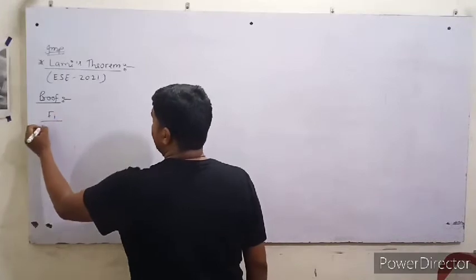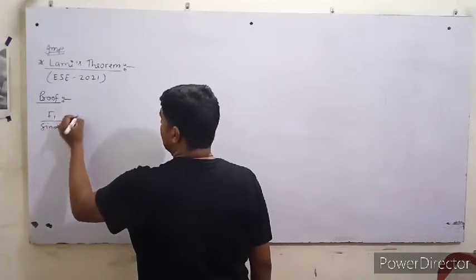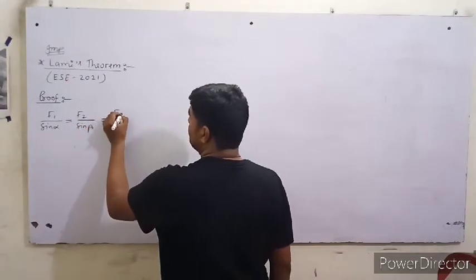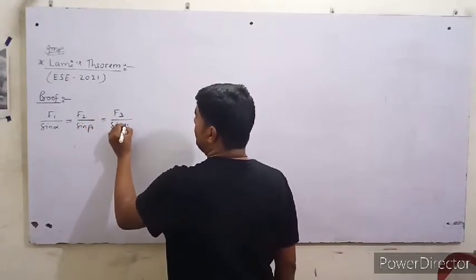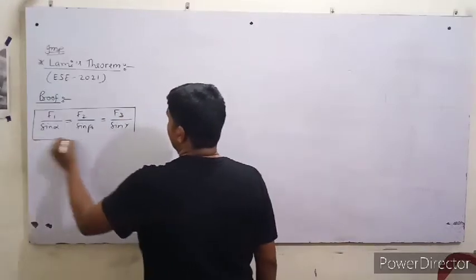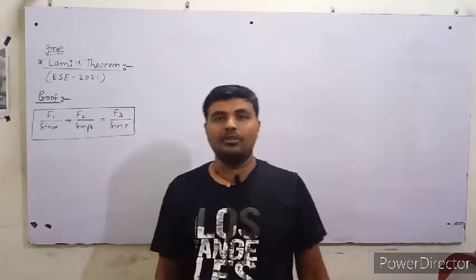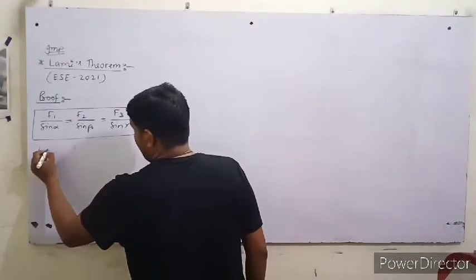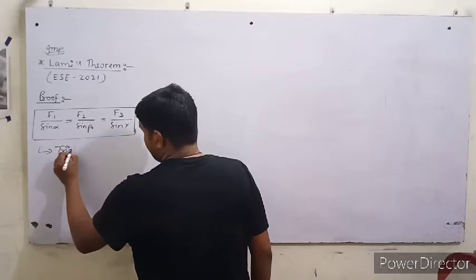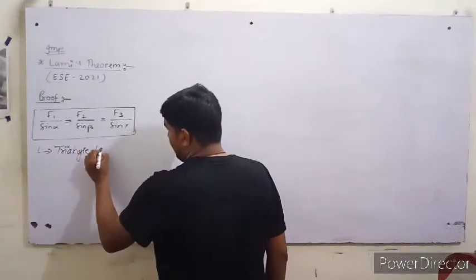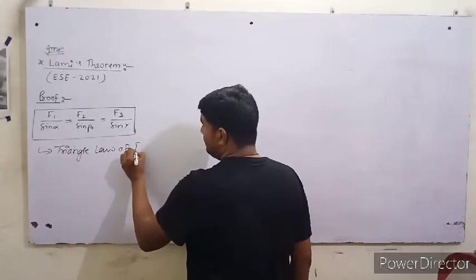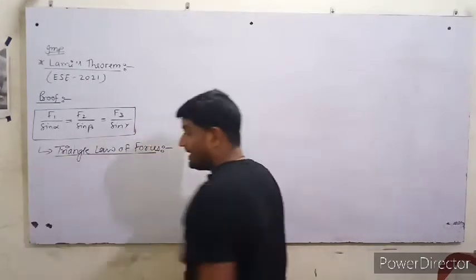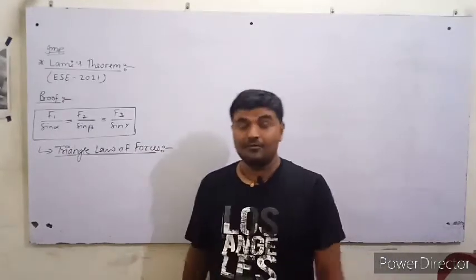According to Lami's theorem, F2 upon sine beta equals F3 upon sine gamma. To prove Lami's theorem, we will take help of one famous law, that is the triangle law of forces. A very interesting law.